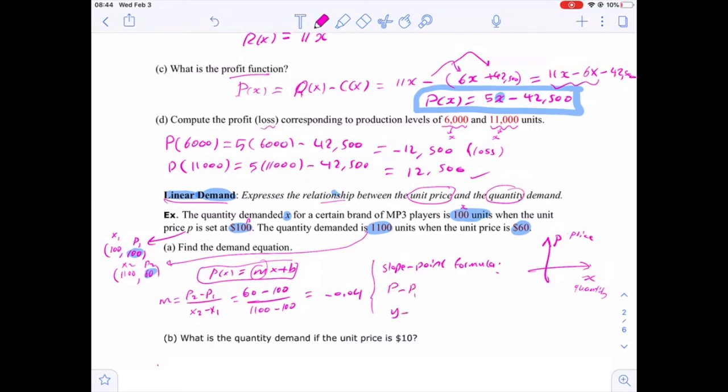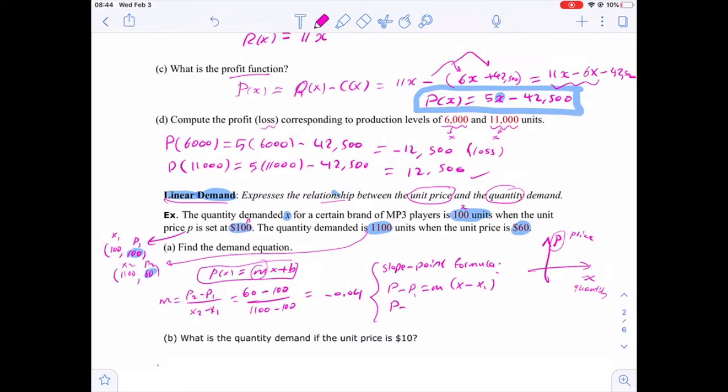You need to remember that in general we have y minus y1 equals m times x minus x1. Because the y-axis here represents the price, we denote it as p, so instead of writing y, we write p. So this is p minus p1 equals the slope times x minus x1.